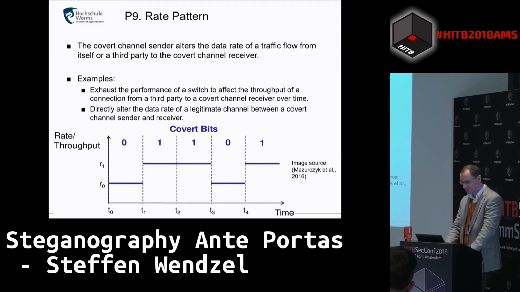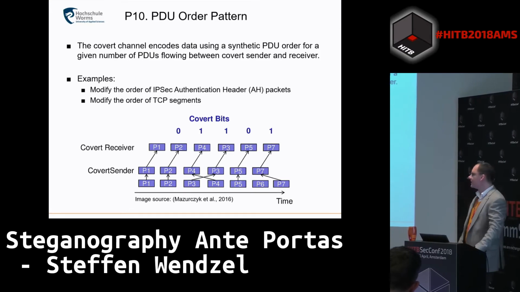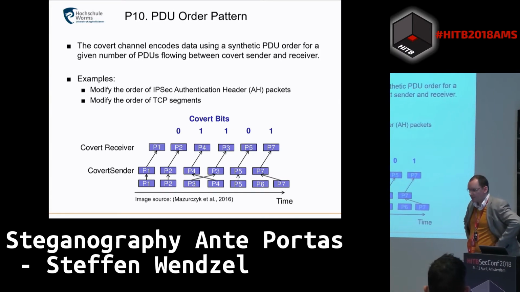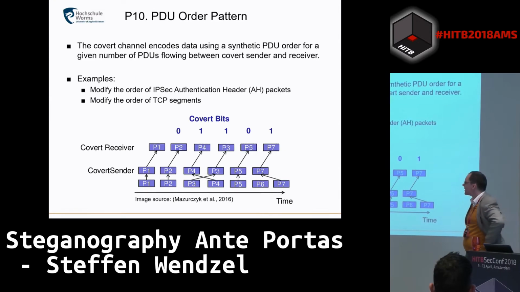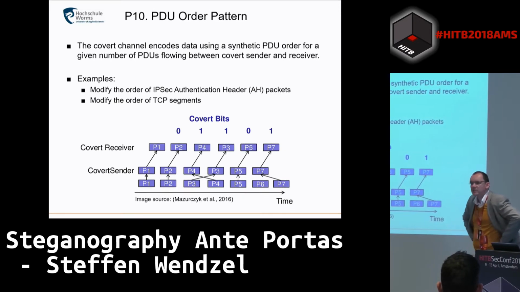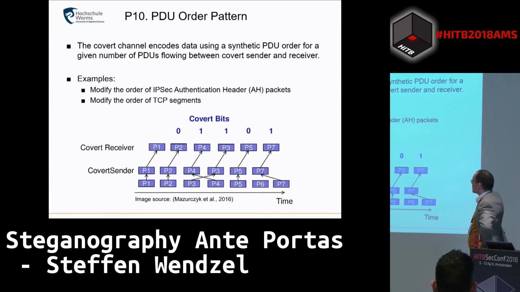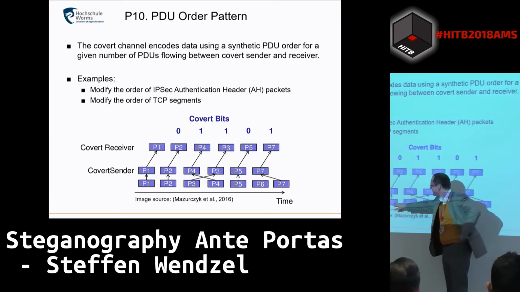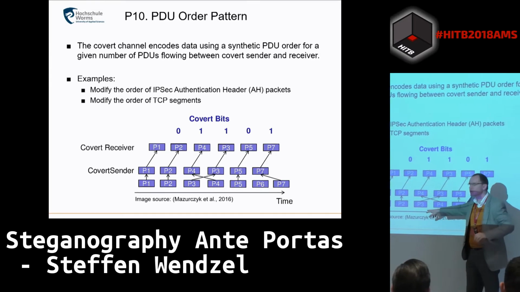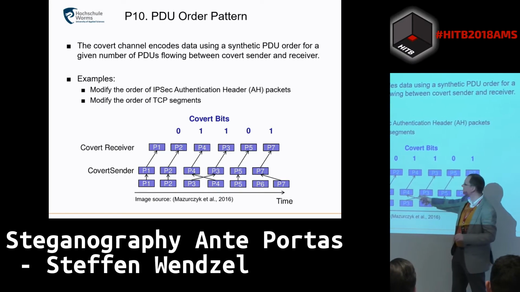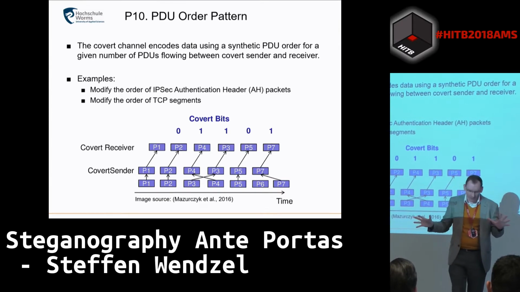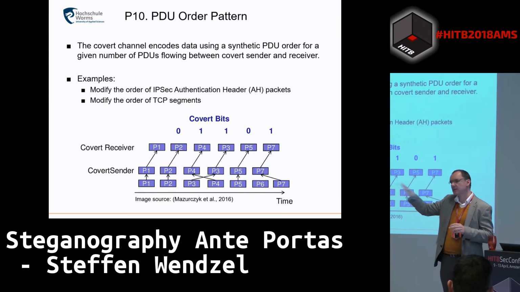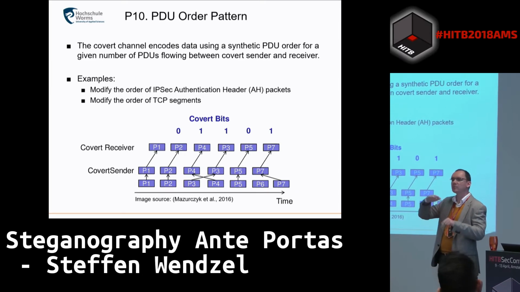Then, second last pattern, PDU order corruption, PDU order pattern. So many protocols have a sequence number, like the authentication header or TCP. So we can mix packets because, and this reflects a normal behavior in networks because, as you know, IP packets can take different routes, so packet order maybe mixes up.